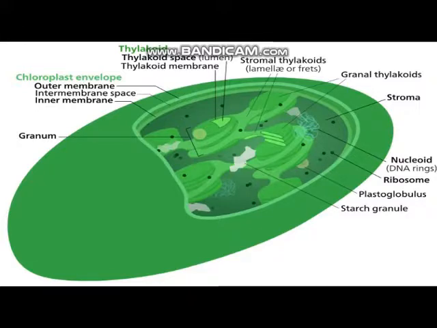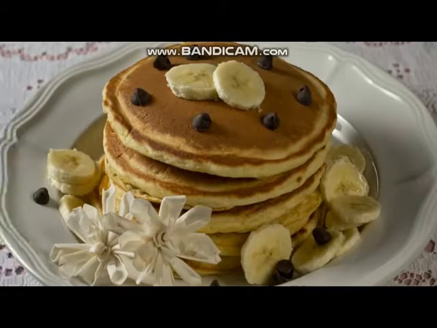And these look like pancakes, as you see here, but green. Now, these thylakoids have a pigment in them called chlorophyll that allows them to absorb energy from sunlight. Kind of like solar panels, I guess.